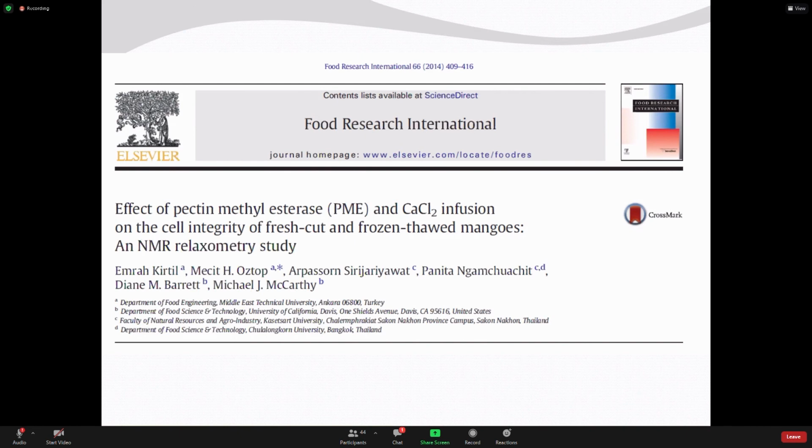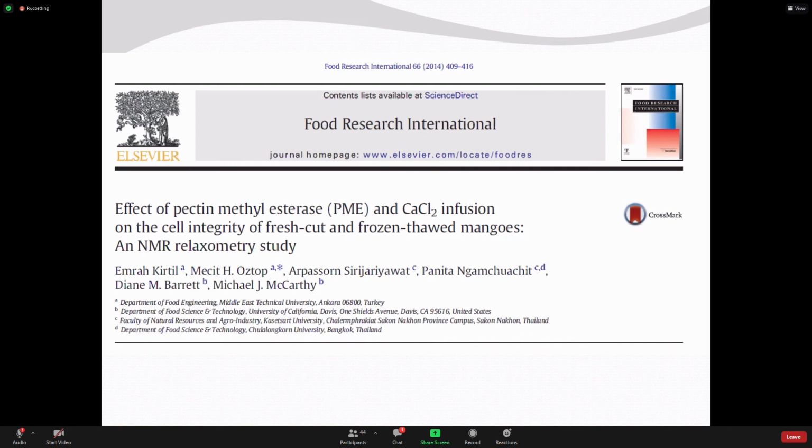In other countries, that is, this is not a problem in Thailand, but the Thai scientists were asking us the question: we are trying to freeze these mangoes by using different approaches, and we wonder whether the cell integrity is kept when we thaw them, because as ice crystals get large during freezing, the cellular structure is disrupted and fruit tissue is lost. But with some techniques like calcium addition or enzyme addition, we can prevent this.